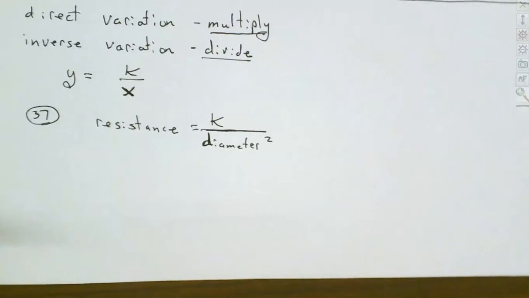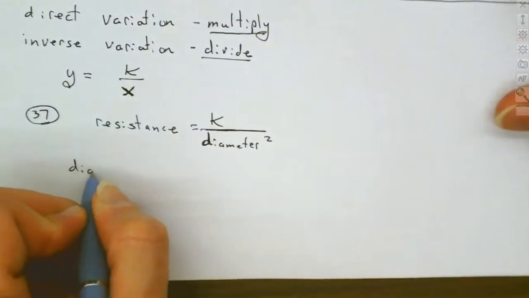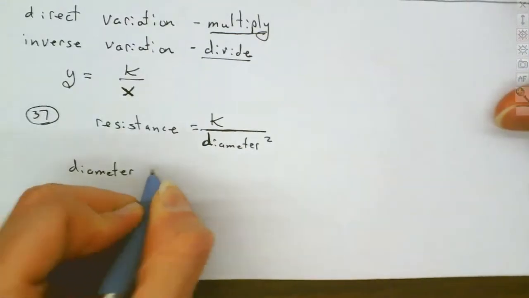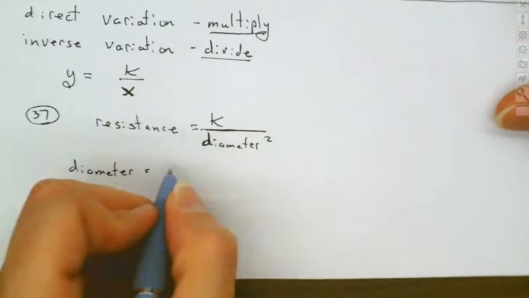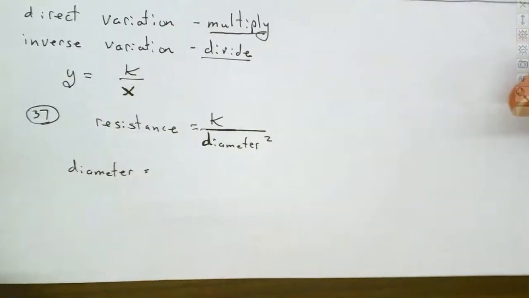Okay, let's see. A wire of 0.01 inches in diameter has resistance of 0.4 ohms. So the diameter is going to have to be squared in this case. Now, why is it squared? It doesn't always have to be squared, but it is in this case because it specifically says it's inversely as the square.